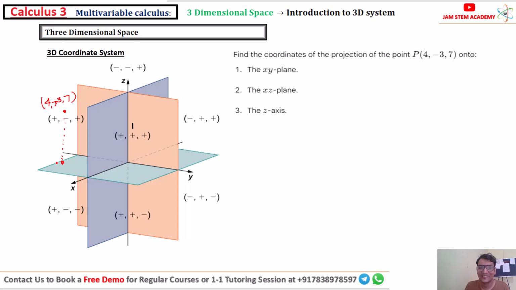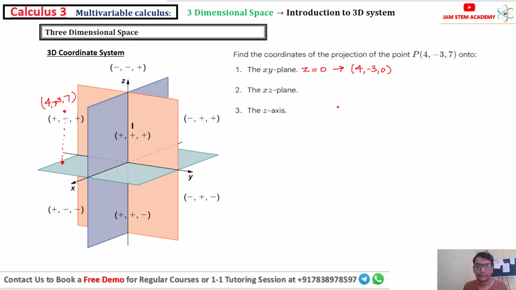Obviously on the ground level, the z value is 0. That will not affect distances traveled along the x and y directions. So on the xy plane, or we can also call it z equal to 0, the coordinates of that projection will be 4, -3 and 0, simple. In this way you can find it.